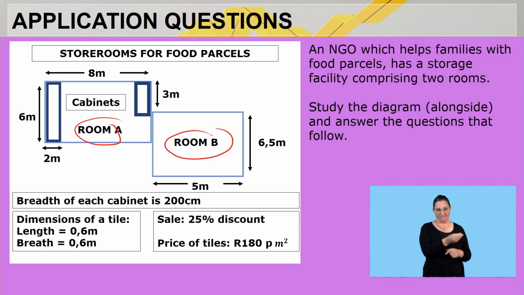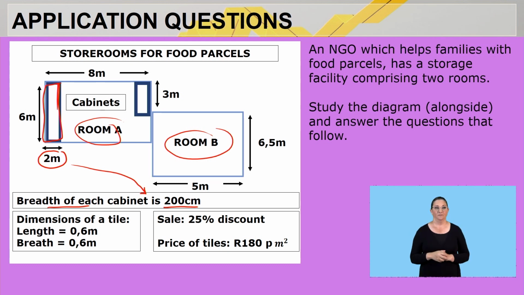Then other important information is also presented to us, where we say the breadth of each cabinet is 200 centimeters. Right, so I've indicated the cabinets here, can we see? Okay, and there we can see the breadth is 2 meters, which is the same as 200 centimeters, right? And then we've also indicated the dimension of a tile, with length and breadth of 0.6 meters.